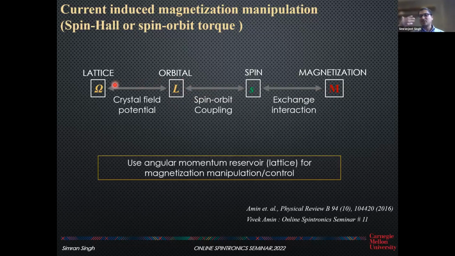What this allows you to do is use the angular momentum of the lattice for magnetic manipulation. And again, there was a very nice talk given by Vivek earlier in this seminar series on this topic.